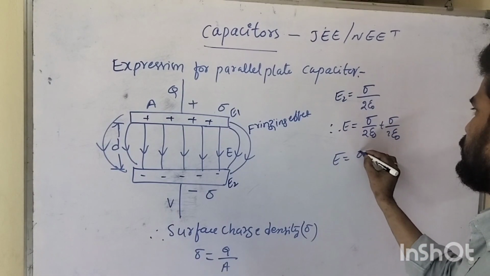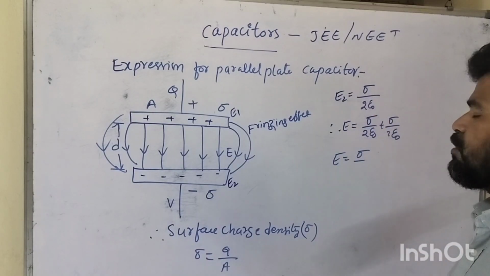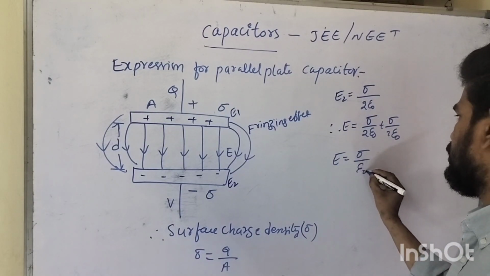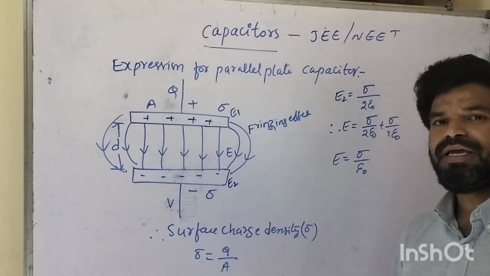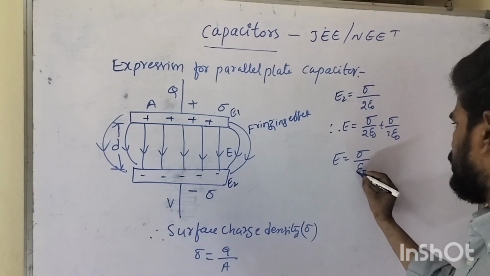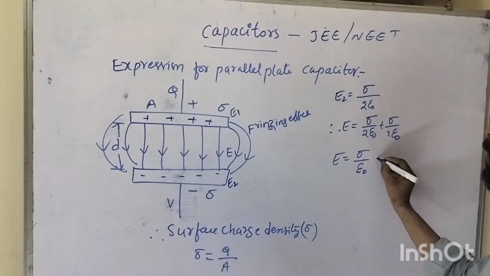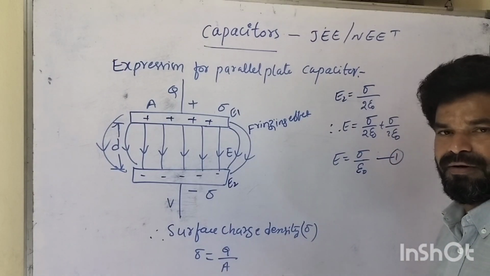The 2 cancels, and we get sigma by epsilon naught. Adding the two, we get this value, sigma by epsilon naught. So this is equation 1.